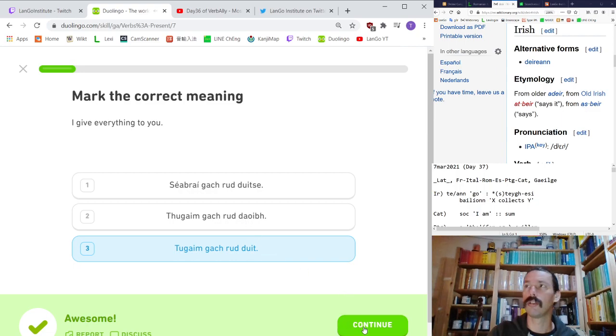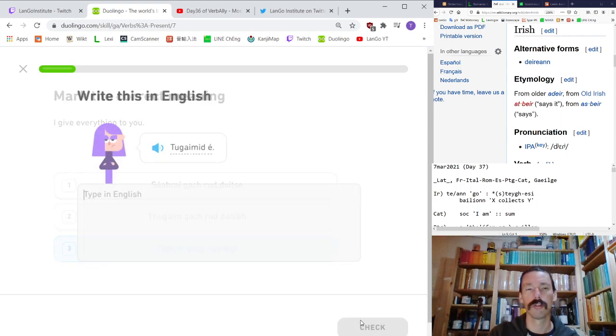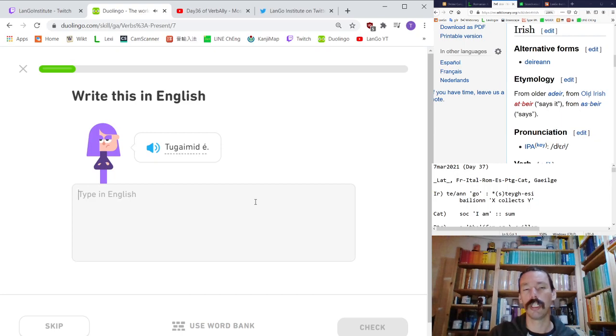In the greeting hello, Gioloch. But I don't know if it probably wouldn't be united the same way there. Tugamide. That's we give it. Yeah, Tugam. Tug sounds like took, but it means give. We give it, we'll say, for the object.